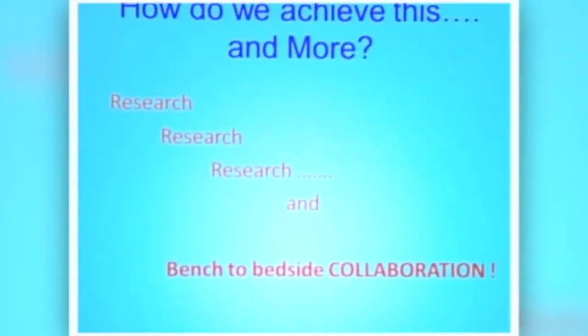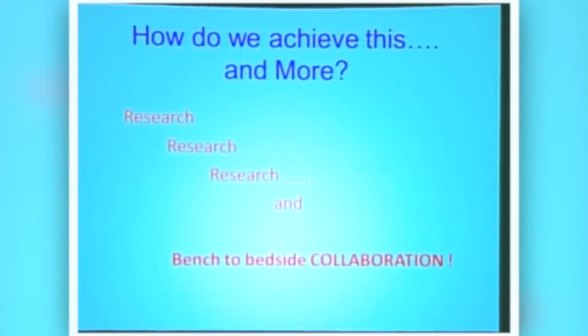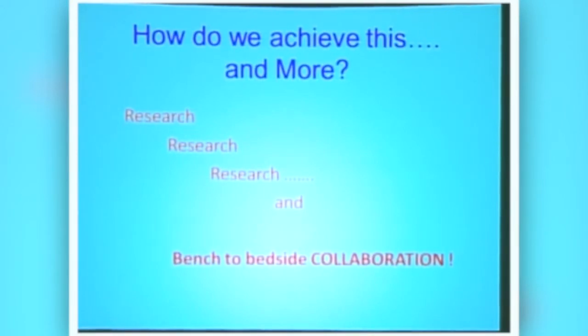So how do we achieve all this and more? The answer is research, research, and research, and also bench-to-bedside collaboration. That is the key. The researchers and the clinicians in this room are put together for a reason, and this is what FARF is trying to do: put all of us in this room and close the door so that we talk to each other.